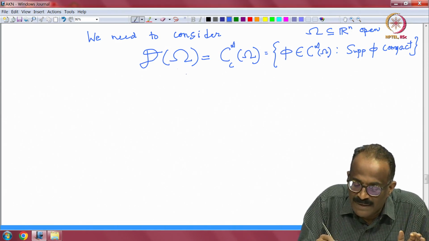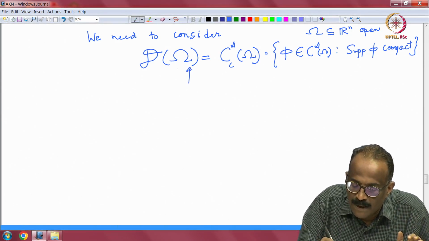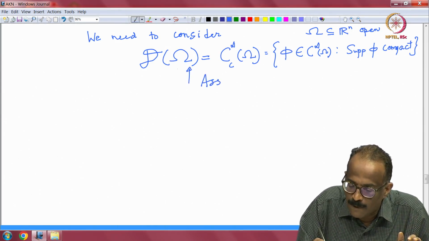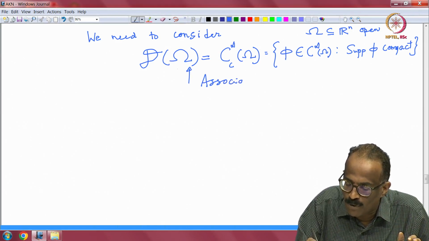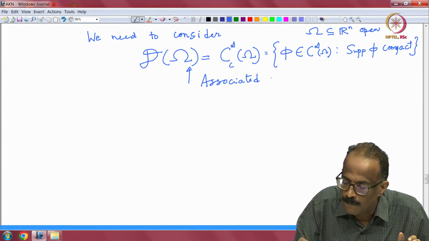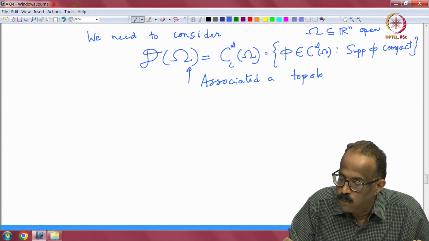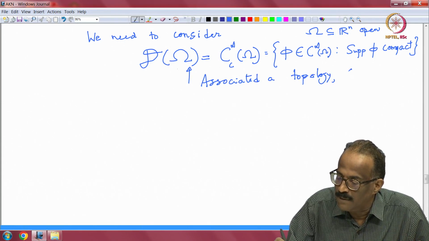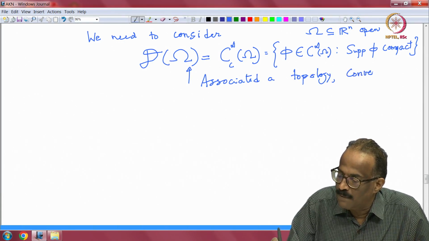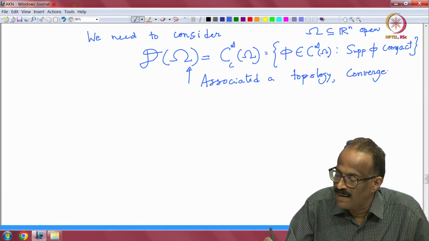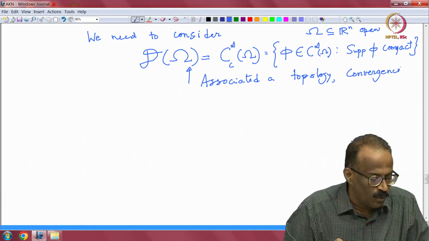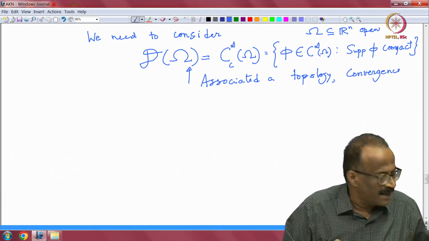What we have done in the preliminaries is associate a topology, a topology that is called convergence. But most of our work in this course, we need to only understand the convergence.